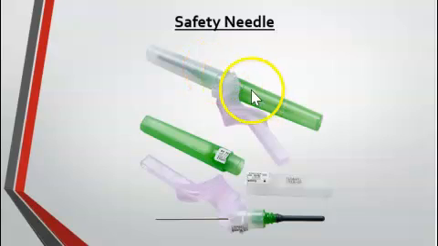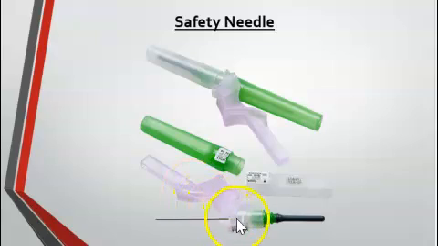This is a double-sided needle, so this is the side of the needle with the green cap. This is covering up the part of the needle that's going to go in the arm and in the vein. And the clear cap is covering up the side of the needle that's going to go into the tube holder, and this part of the needle also has that rubber sleeve on it.